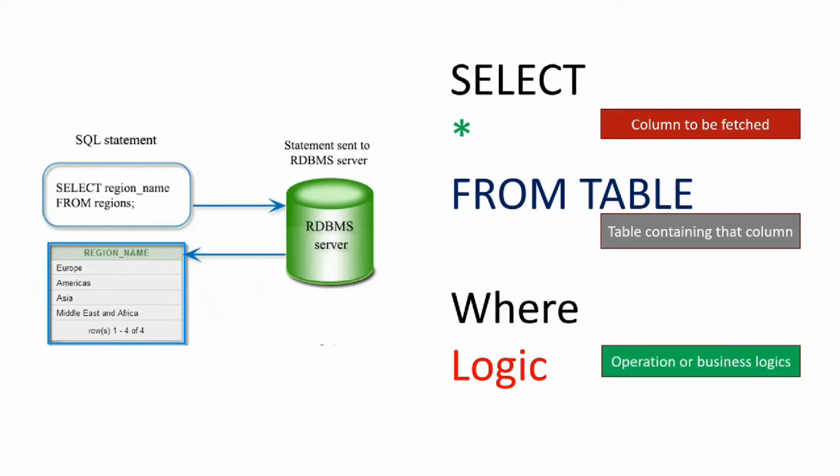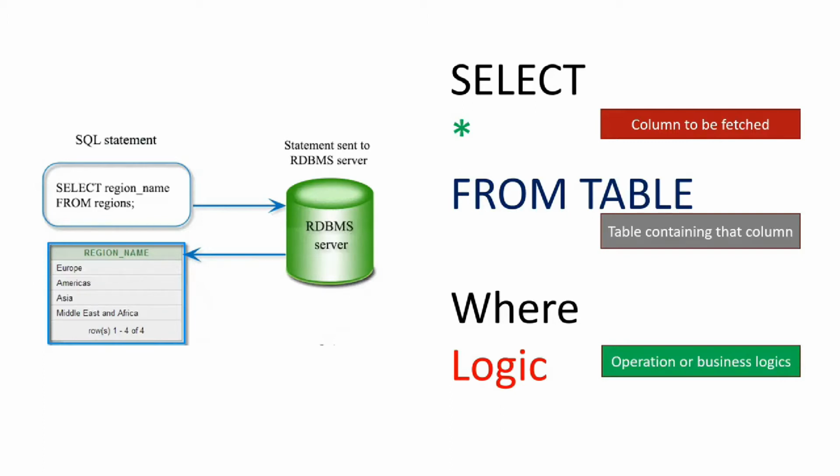Now the third part is the operations, the business logic. Do you want this directly, to fetch some data, or do you want to manipulate it, like the salary should be greater than 50K? Fetch the result of the employees whose salary is greater than 50K, or fetch the result of employees who are staying in Bangalore.